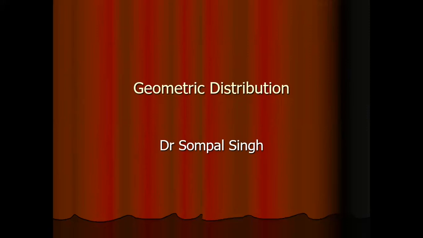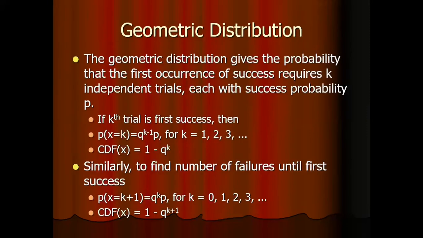This is another discrete statistical distribution, geometric distribution. So geometric distribution gives probability that the first occurrence of success requires k independent trials, each with success probability p.